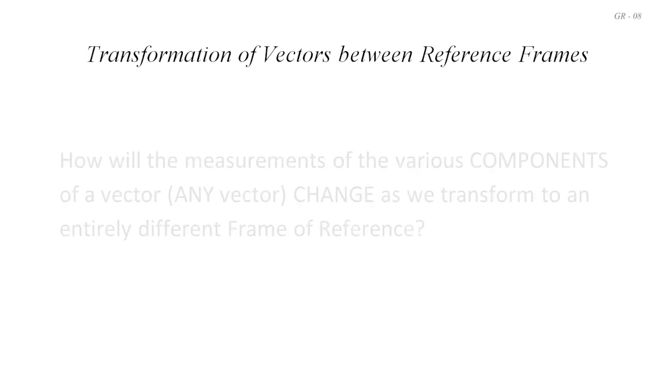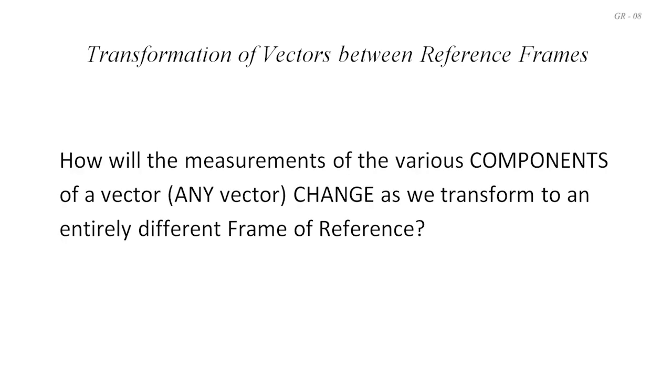We'll be thinking in more detail about higher rank tensors in the next video, but sticking with vectors for the moment, the question is therefore, how will the measurements of the various components of a vector, any vector, change as we transform to an entirely different frame of reference?